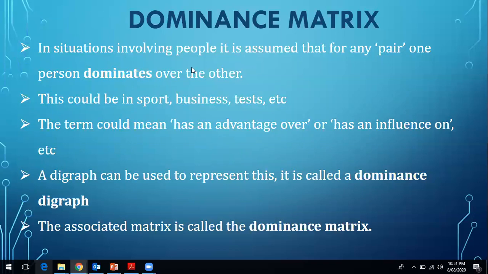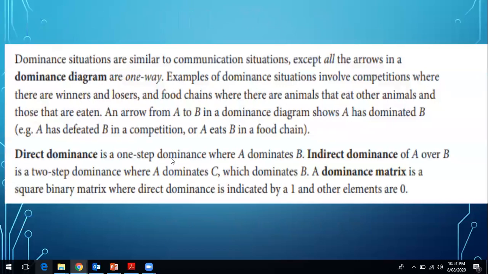And the network diagram which we make, we call that a digraph. The examples could be competitions where there are winners and losers, and food chains of who is eating who. When we draw the diagram, if you remember in the communication matrix, we used to put arrows from A to B, B to C, and the arrows could be two-way.